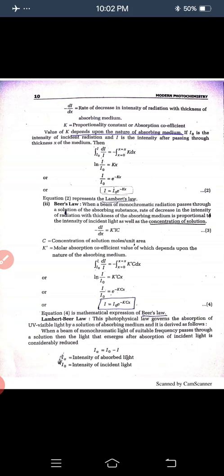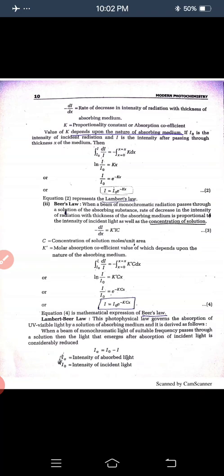If I0 is the intensity of incident radiation and I is the intensity after passing through the thickness x of the medium, then integrating from I0 to I, dI upon I is equal to minus k dx, with x going from 0 to x.